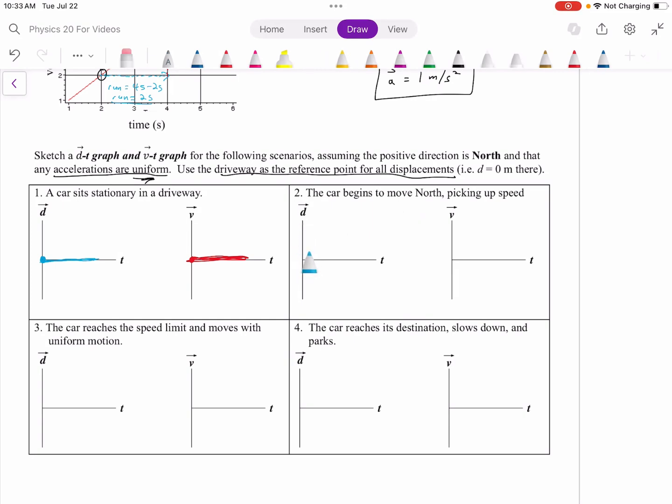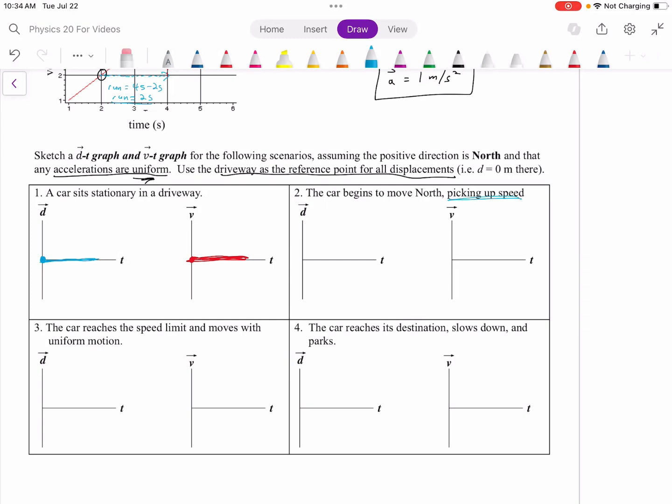So we know that it needs to go up on the y-axis, okay? But we've got to think about how is it going to go up, right? So if it's picking up speed, well, that means it's getting faster and faster and faster, right? Which I want you to think about, what does that mean for the displacement it covers in each second compared to the previous second?